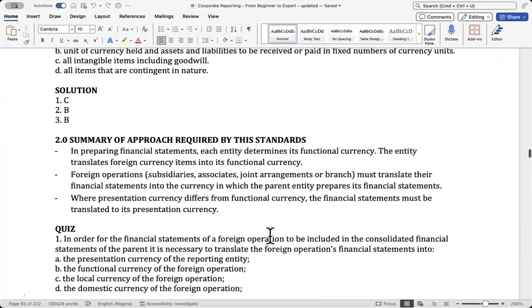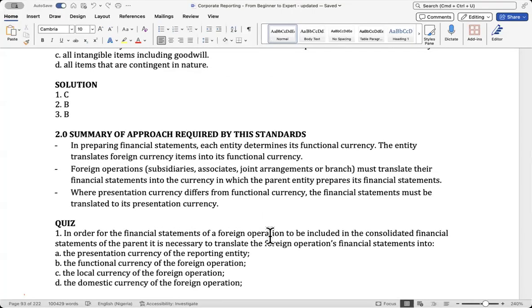Okay, so let me summarize what this standard deals with. I've mentioned it before. The way foreign currency transactions work is this: when an entity is preparing its financial statements, that entity must first determine its functional currency, because all foreign currency items must be translated first into the entity's functional currency.